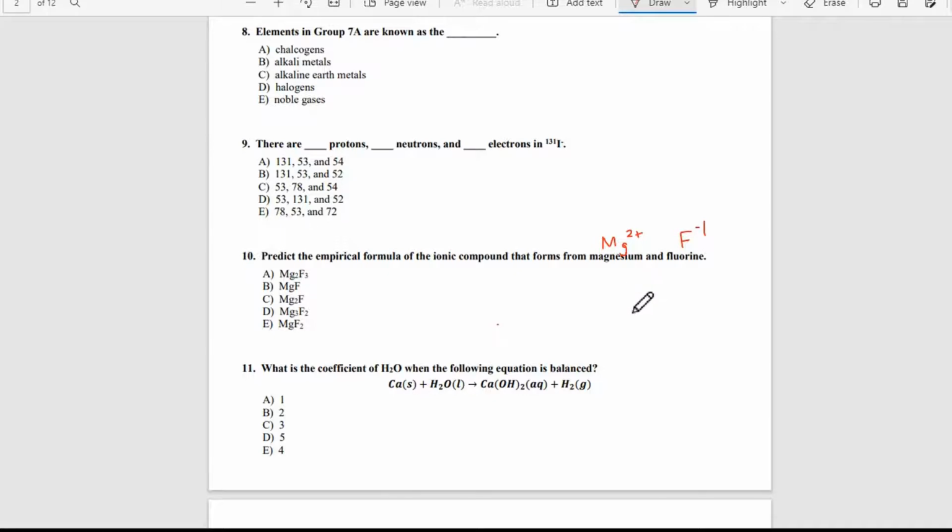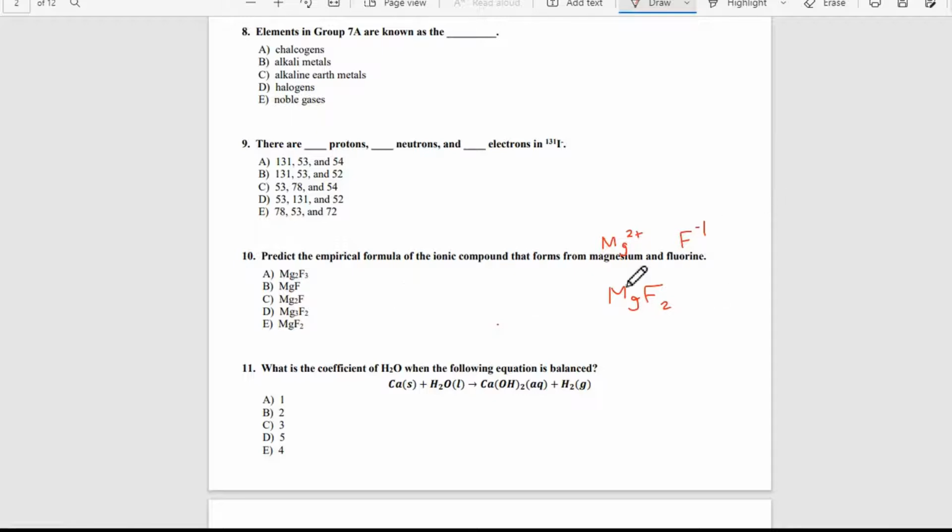The total positive has to always be equal to the total negative. In that case, how many magnesiums and how many fluorines do you need? 1 and 2. So MgF2. The subscript tells you how many you have, whereas the superscript told you what the charge was.